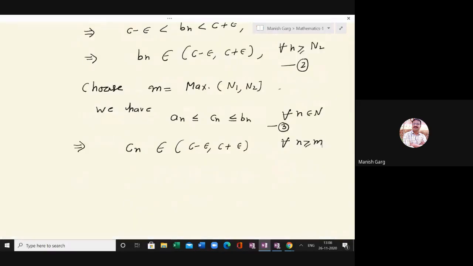You can write in this form: mod cn minus c is less than epsilon for all n greater than or equal to m. That means cn converges to c.